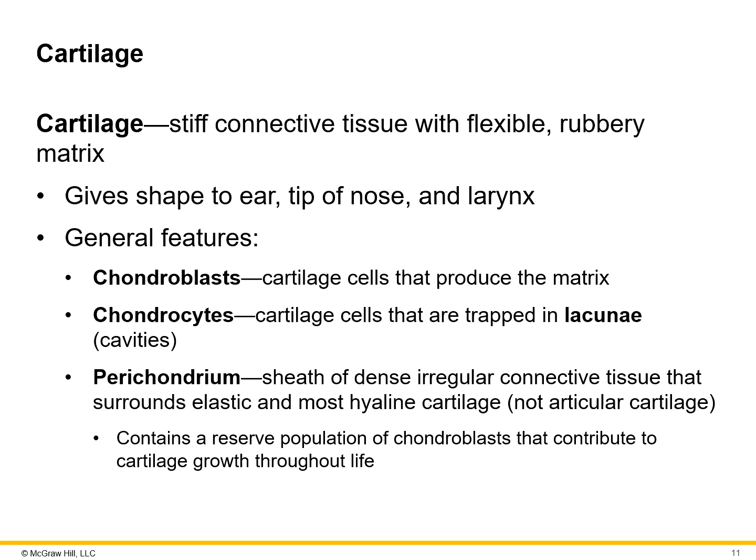And those cells will continue to do mitosis and produce chondroblasts that will make the matrix. And they will continue to grow that cartilage throughout your life, which is why as we get older, sometimes our ears are bigger and our nose continues to get bigger, because this perichondrium, which has those stem cells, is still there, and those cells are turning into chondroblasts that build bigger noses and ears.